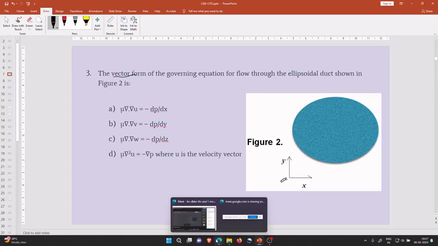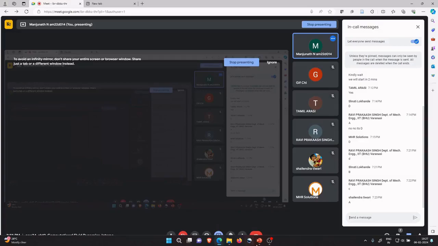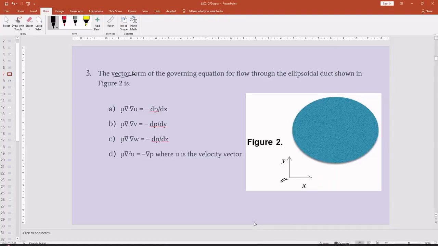You can put your answers as comments. I'll give 1 or 2 minutes. I will repeat: we want the vector form of the governing equation through an ellipsoidal duct.